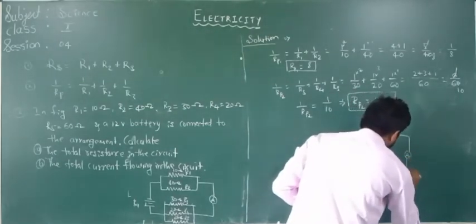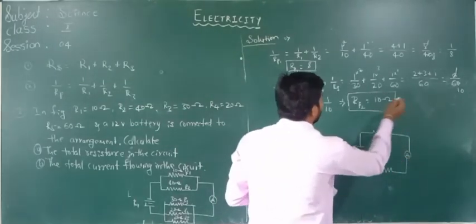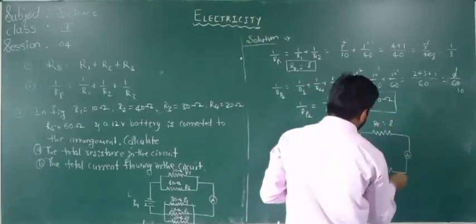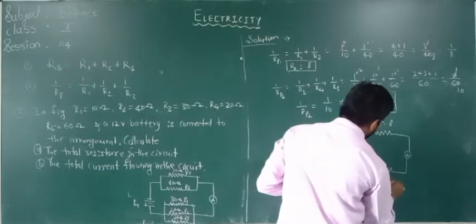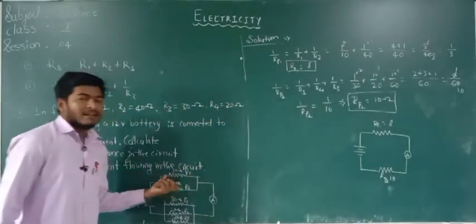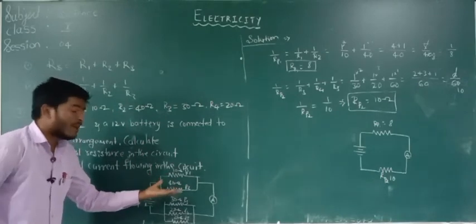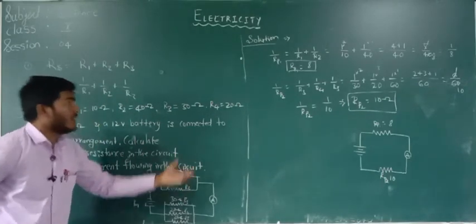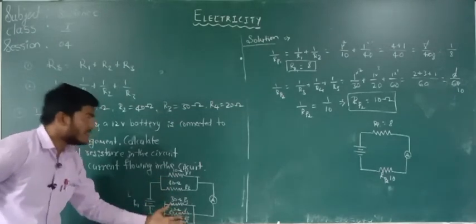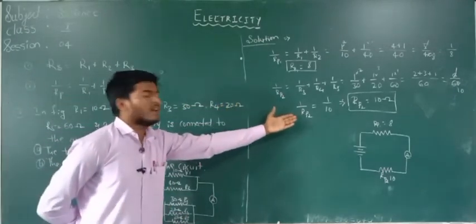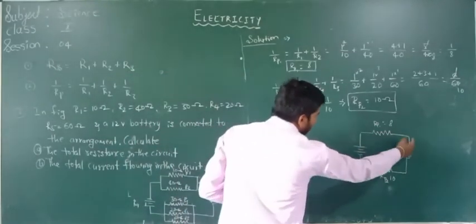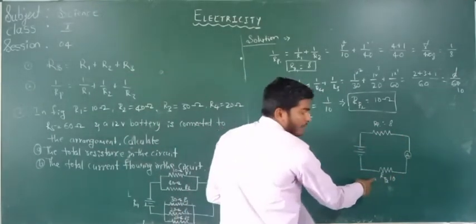What is the value of Rp1 here? Rp1 is equal to 8 and Rp2 is equal to 10. Now I am replacing the resistors by equivalent resistances: Rp1 is equal to 8 ohms, and these three resistors by the equivalent resistor Rp2. See the circuit diagram. Rp1 is in series with Rp2.